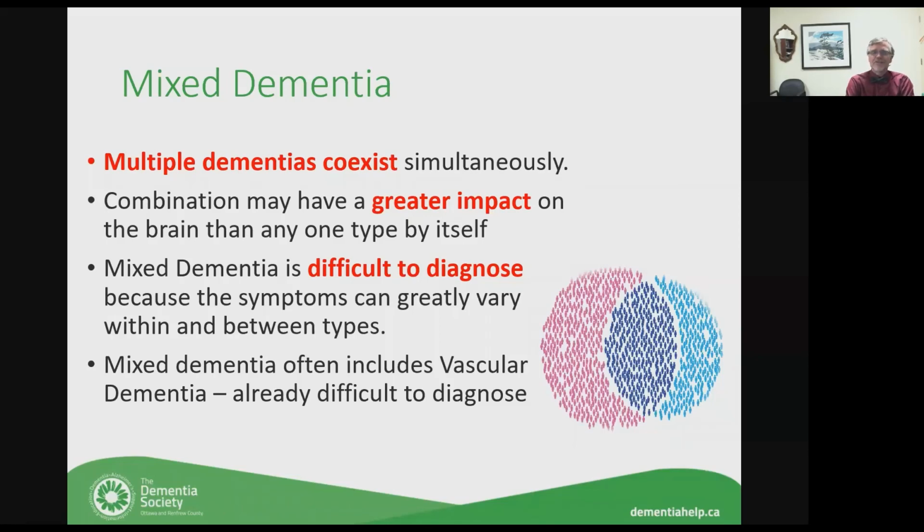The challenge with diagnosing mixed dementia is that it's so difficult. There are no rules. There is no pattern. You can't say, well, mixed dementia starts like this and ends there. Well, it depends what you're mixing with what. It's sort of like a soup, right? Depending on what you put in, it's going to taste very different.